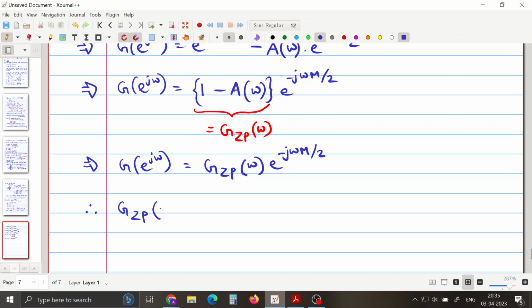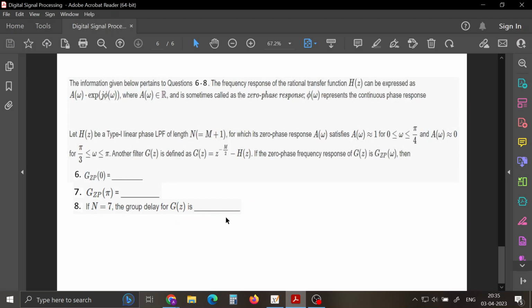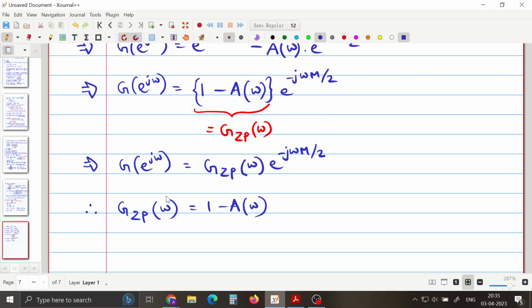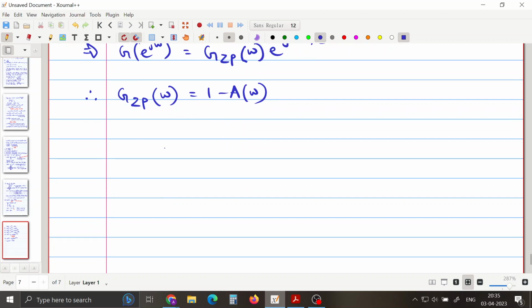Our gzp, zero phase frequency response for g of z, is 1 minus a of omega. Alright, and in question number 6 we need to find this gzp of 0, at omega equals 0. So that's straightforward.